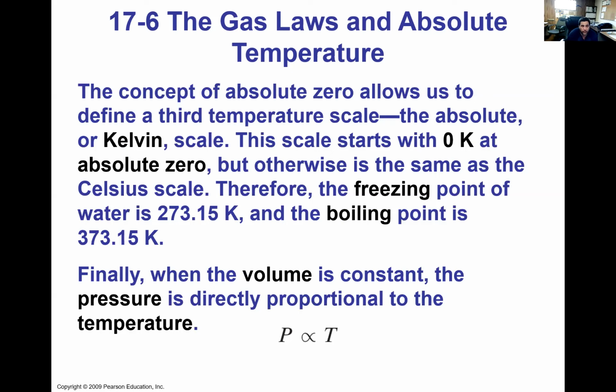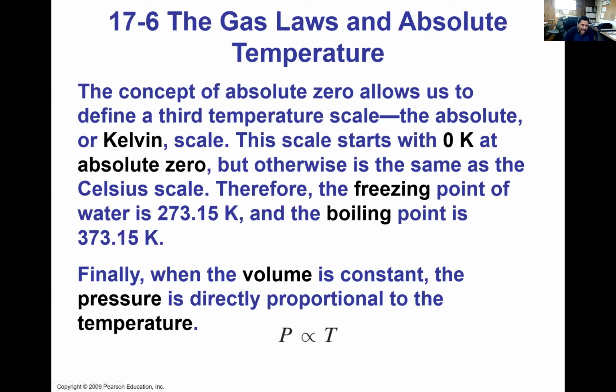The freezing point of water is 273.15 in kelvins. Boiling point is 373.15 in kelvins. It's just a 273 degree shift from Celsius. Okay, so it's important that you understand how to convert to kelvins, and I'll explain why next.